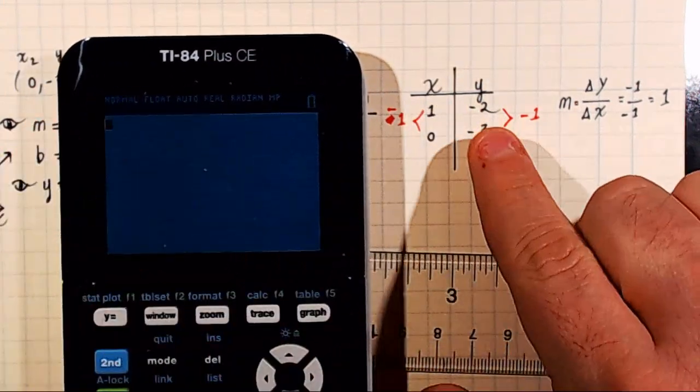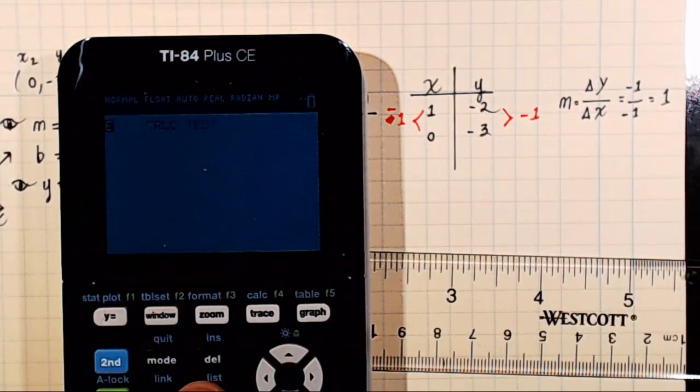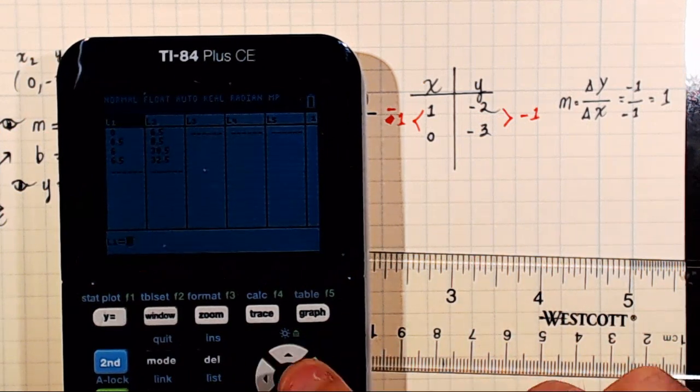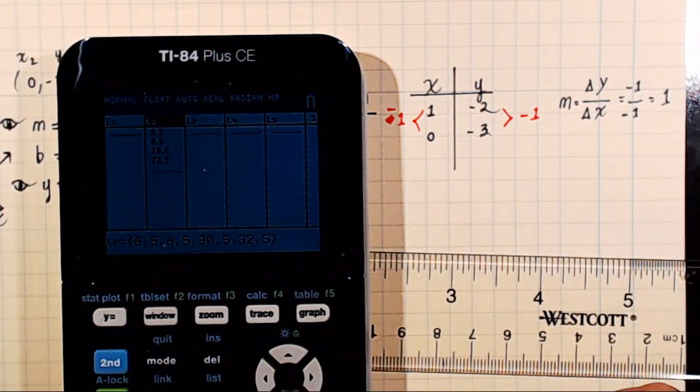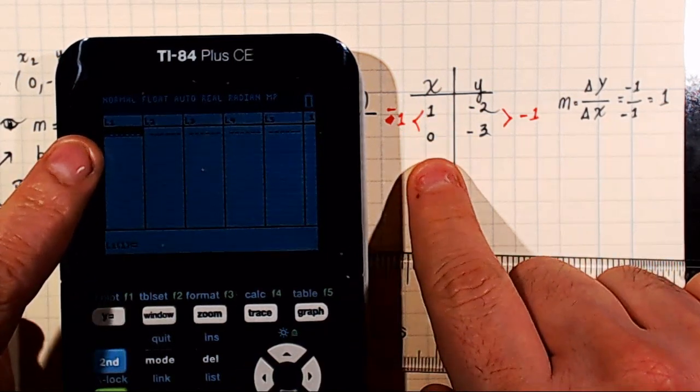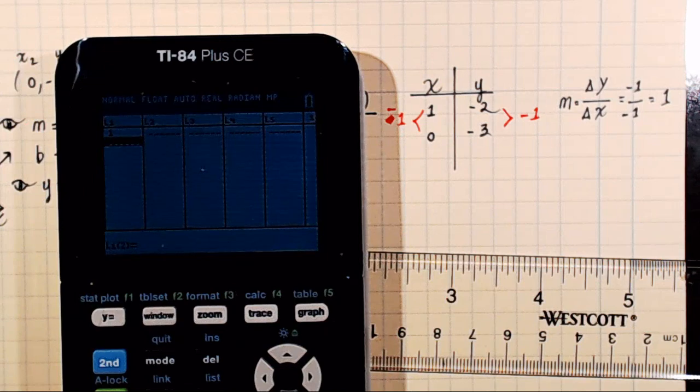If I'm going to use this table, I could go to Stat, Edit. I'm going to have to clear some data out of here. And enter in for L1 my X values, 1 and 0. And then for my Y values, I've got -2 and -3.